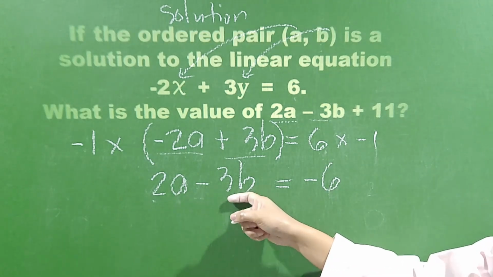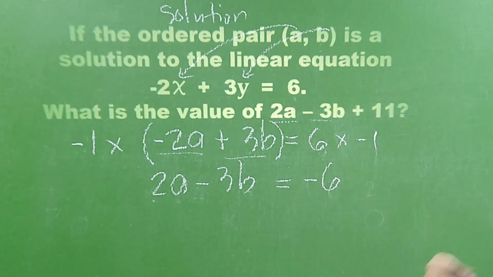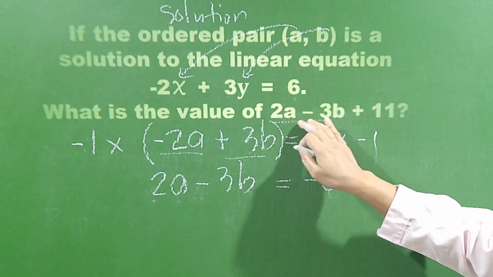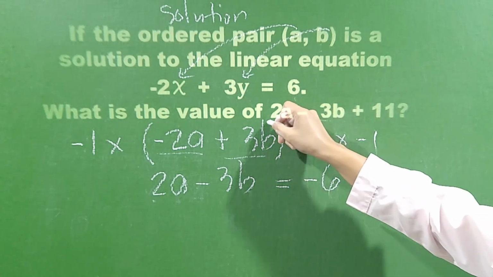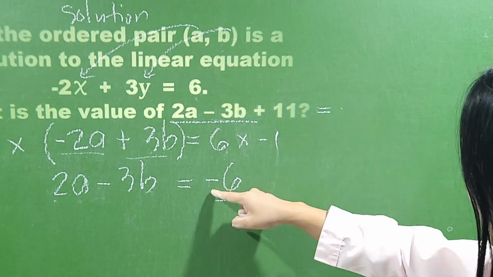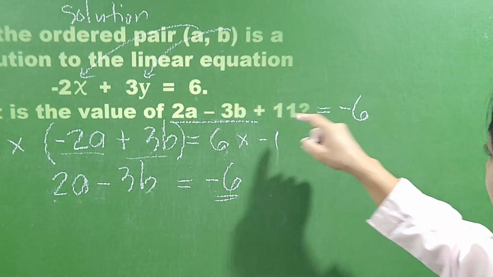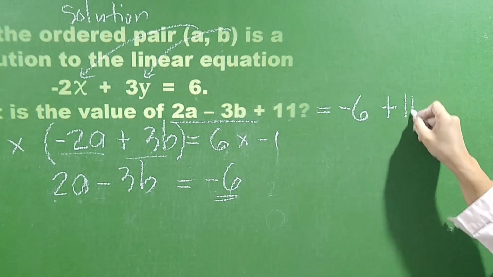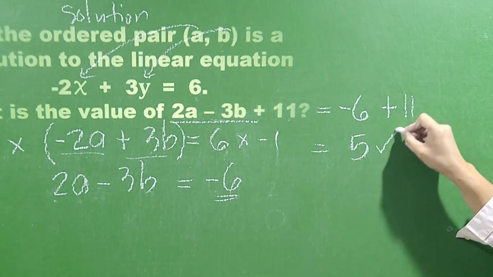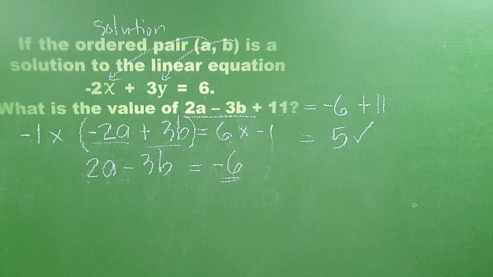So 2a minus 3b is equal to negative 6. Okay, now we can get the value of 2a minus 3b plus 11. 2a minus 3b is negative 6. So this is negative 6 plus 11. So the answer to this problem is positive 5.